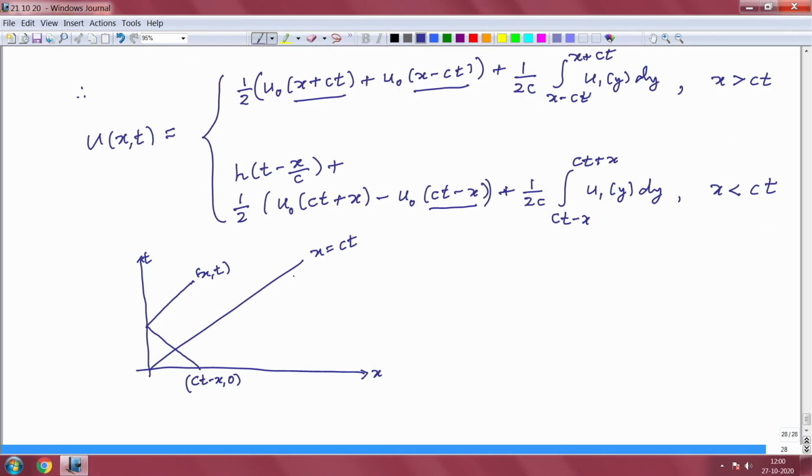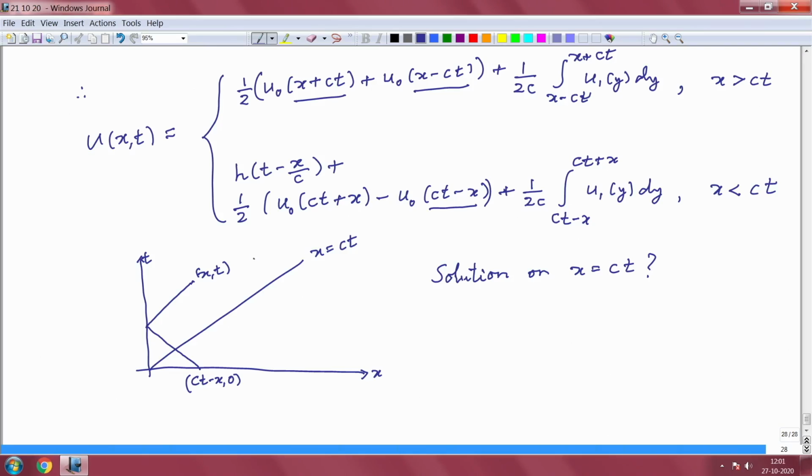So, what about this solution on x equal to ct? Okay. So, we can simply take the limit of the solution.